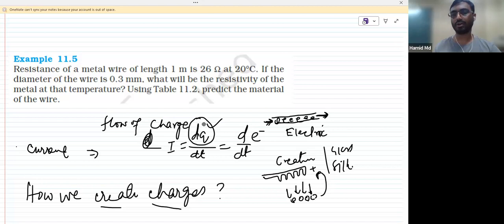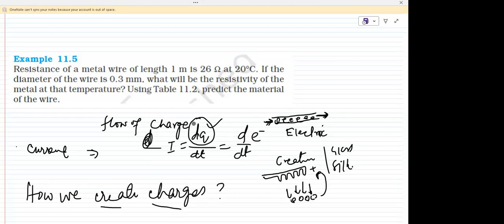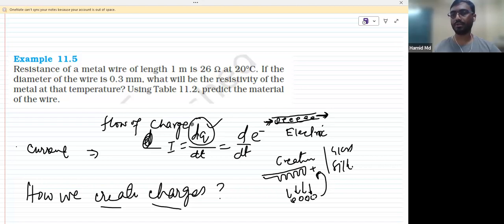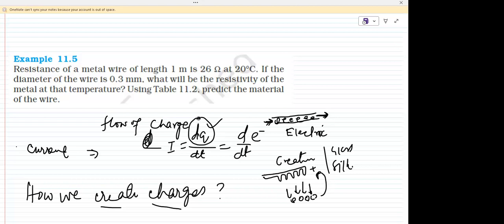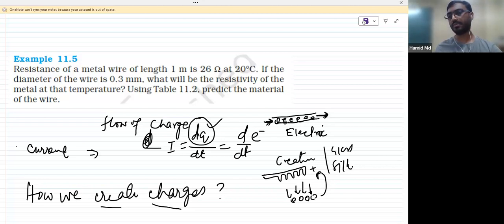Jaslyn, what is continuous charge distribution? Can we expect electricity from a broken wire? No, sir. So the wire should always be connected. If the wire is well connected, we call it a continuous charge carrier. By continuous charge distribution, we mean there is no break in the wire.